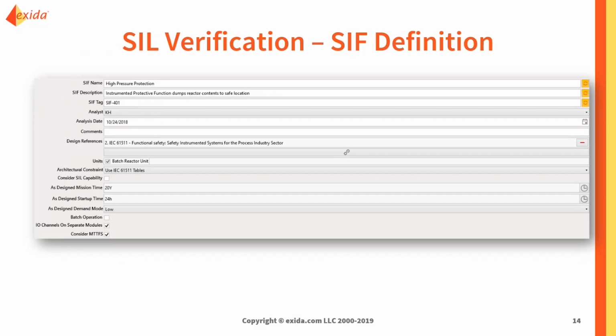You can do that within exSILentia. If you choose not to, you can uncheck this button. If you already have a work process for doing your proven in use justifications and you'd rather just add it as a reference and link it here as a documented proven in use, you can easily just not have the tool calculate that result here.